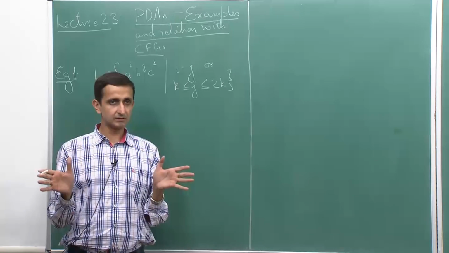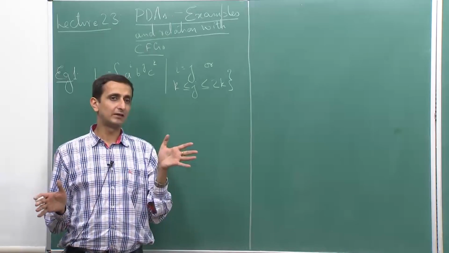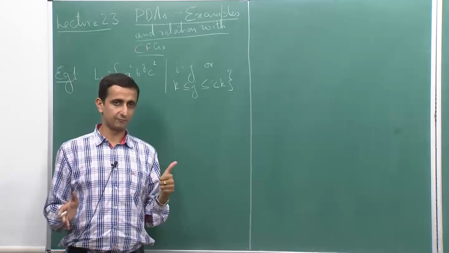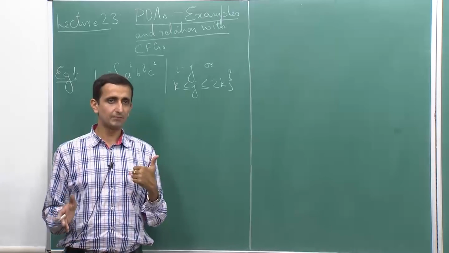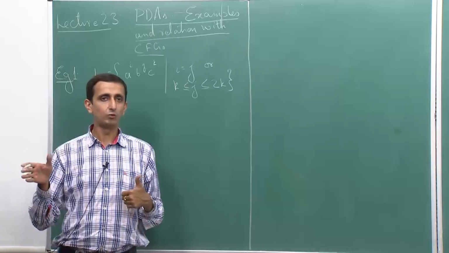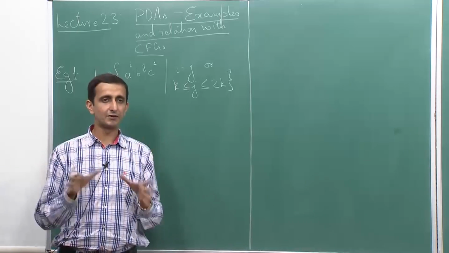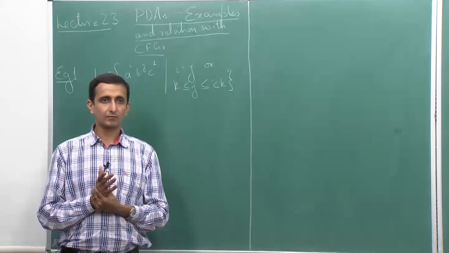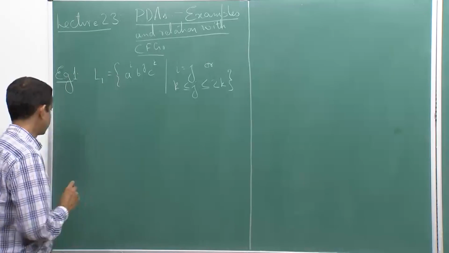One will check whether the number of a's is equal to the number of b's, that is i equals j, and in the other branch I will check whether j lies between k and 2k. So, I non-deterministically decide to do one of the two things and branch off accordingly.